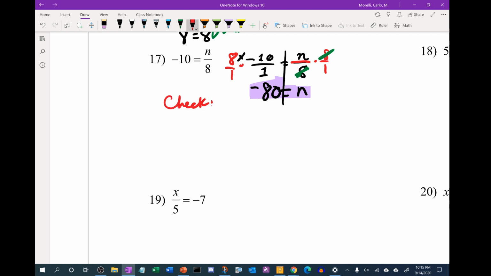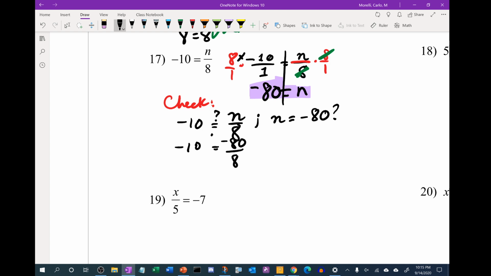So here's my question. Is it true that negative 10 is equal to n over 8 when n equals negative 80? I don't know. Let's plug it in and find out. We got negative 10 equals negative 80 over 8. Okay, question mark.